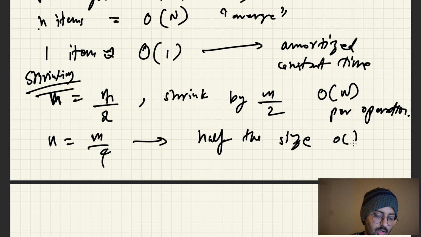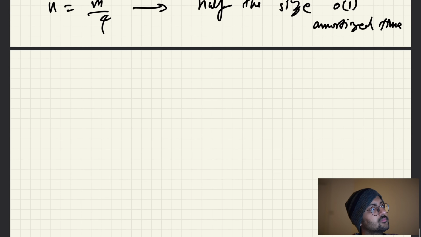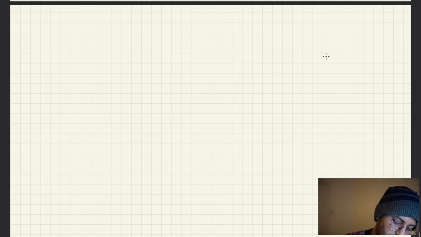Now this is O of 1 amortized time. Sounds good. Easy. Let's move forward.